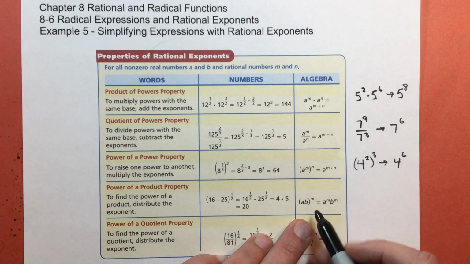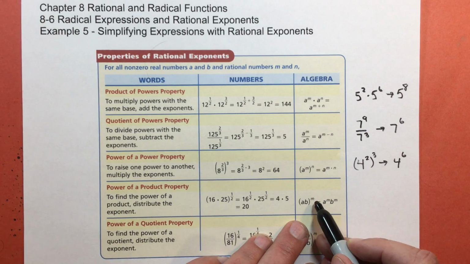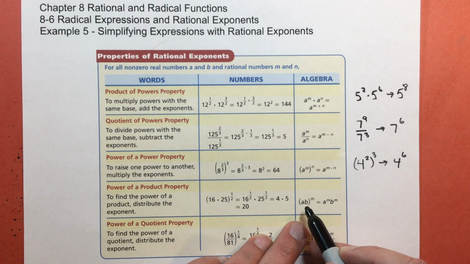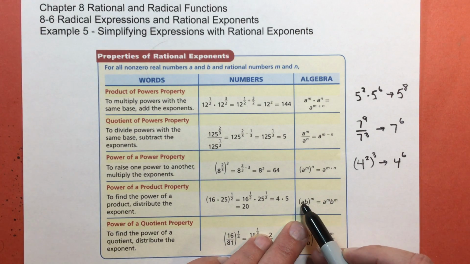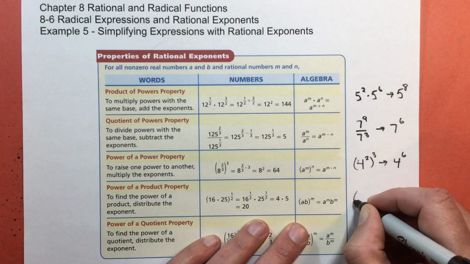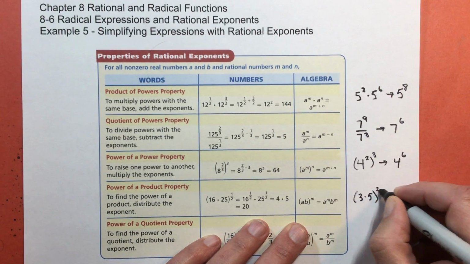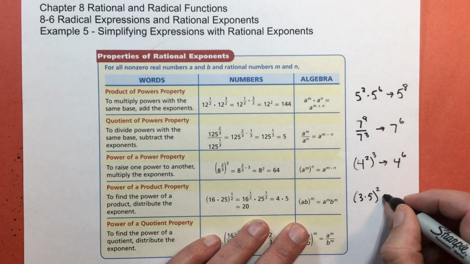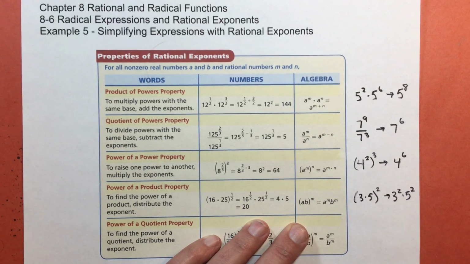For this one, if I multiply and I put parentheses around it and I raise that to a power, we talked about this earlier, like if I put -3 into parentheses and then raise that, that's the -1 times the -1 times the +3. So I actually have a product there. If I had like 3 times 5 to the 2nd power, this is going to become 3 to the 2nd power times 5 to the 2nd power.